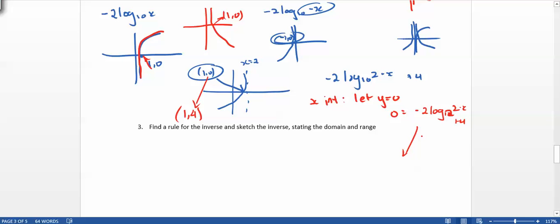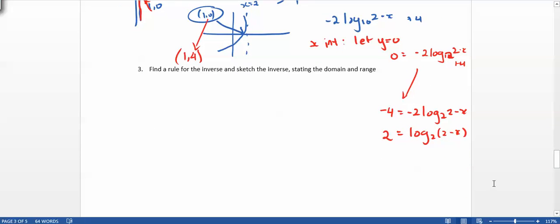All right, so what we need to do now is let's get everything over. I've got minus 4 is equal to minus 2 log to the base 2 of 2 minus x. I'm going to divide both sides by minus 2, which is going to give me 2 is equal to log to the base 2 of 2 minus x. Now, I've got to solve for x.